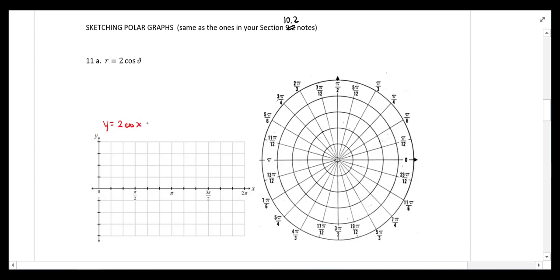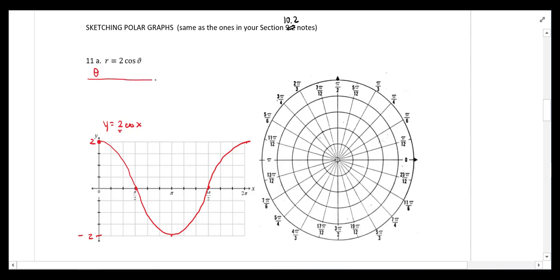I hope you can, because it's the cosine graph, right? And that 2 just means it's a vertical expansion by a factor of 2. So you're going from here at, I'll call this 2, down to 0, down to -2, back to 0, back to 2. So that's what the graph looks like. Now, if you were to make a table of values, you can do that.